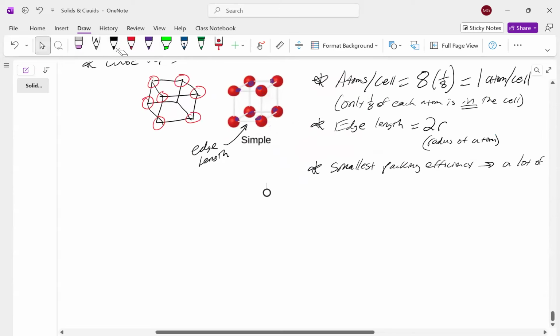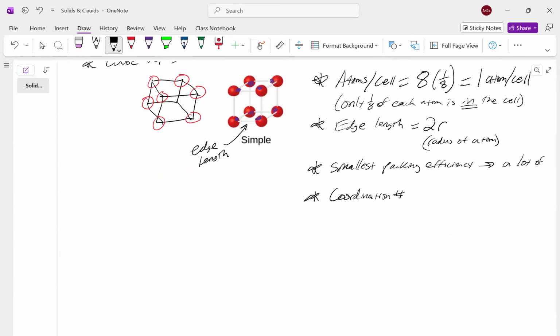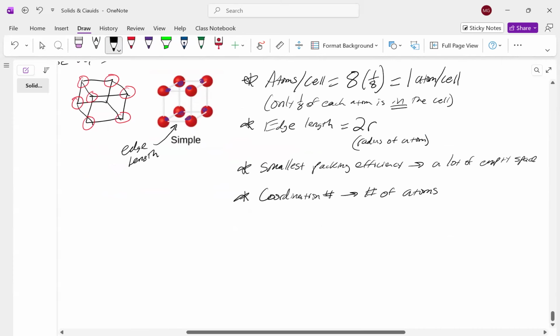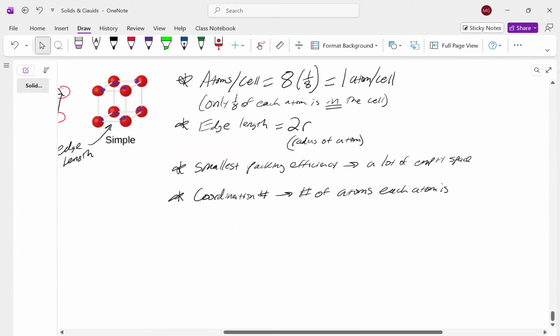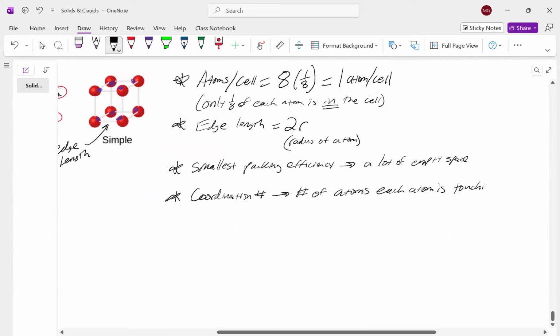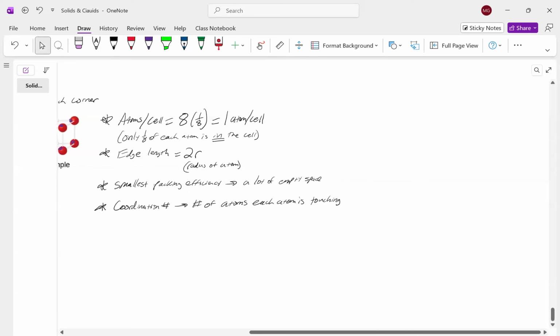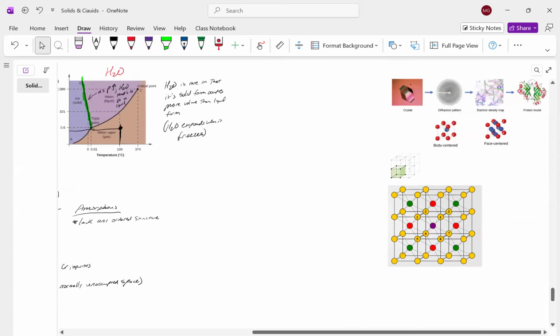And the other important thing to note is something called the coordination number. This is the number of atoms each atom is touching. So let me bring down a diagram to demonstrate this.